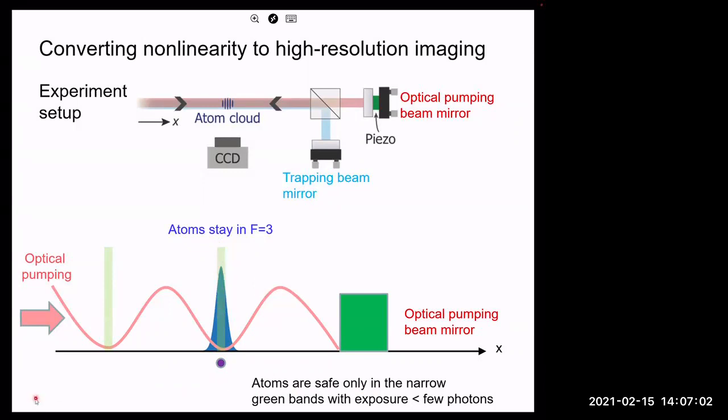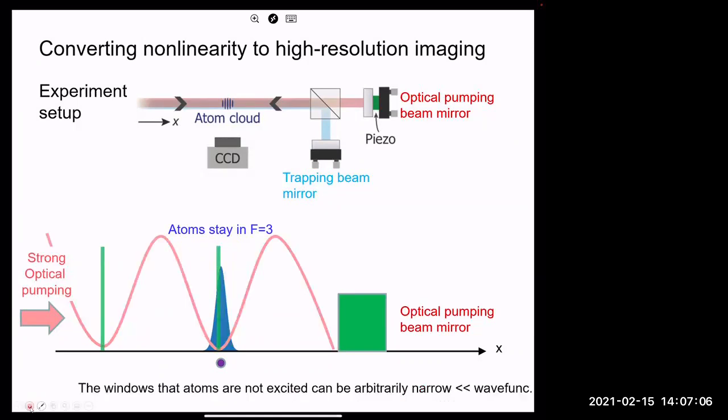And now what can I do? I can try to increase the intensity, or I can try to make the exposure time longer. Then the narrow band where the atom does not see 3 photons cannot be arbitrarily narrow. Okay, as long as the atom moves away from it, say even by a few nanometers, then with sufficient exposure, the atom will see 3 photons, and it will be excited.